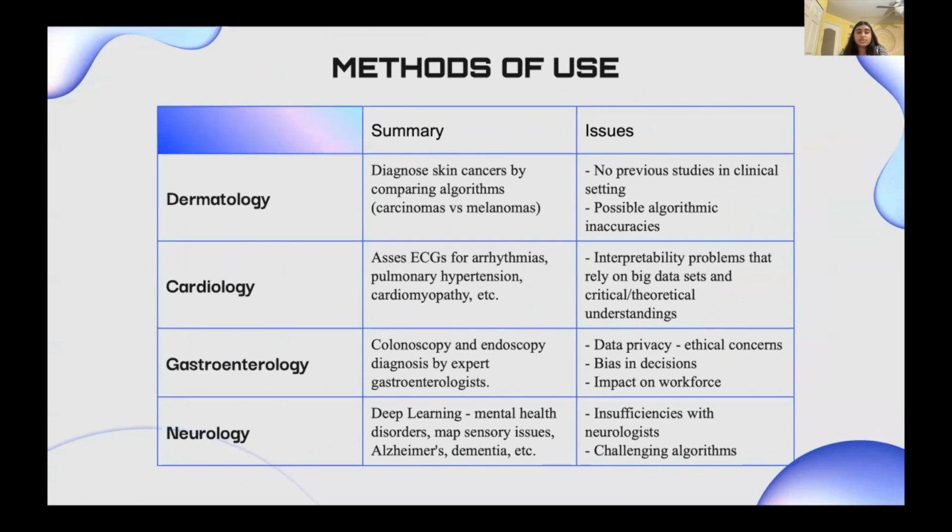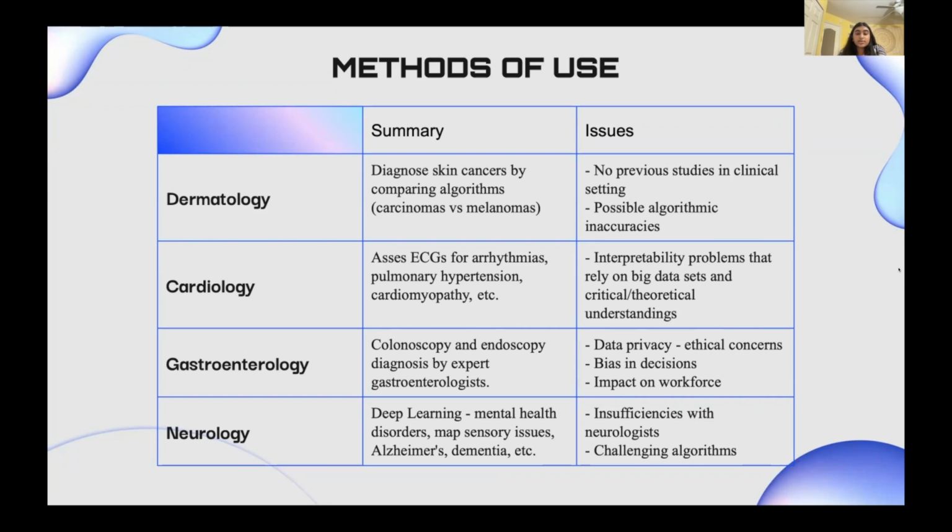The methods of use that I specifically studied were dermatology, cardiology, gastroenterology, and neurology. Algorithms of deep learning and machine learning can analyze and diagnose skin cancers by comparing the algorithms of carcinomas versus melanomas, for example. They can also assess EKGs and ECGs for arrhythmias, pulmonary hypertension, and cardiomyopathy, and other cardiovascular diseases.